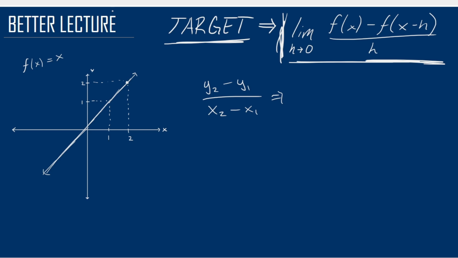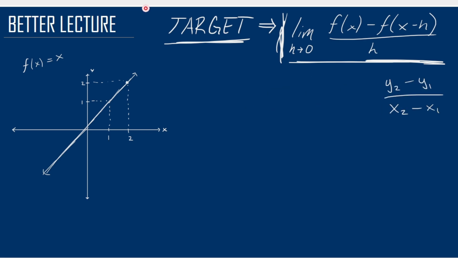So we're going to take y2, or y of the second point, which is 2, minus y of the first point, which is 1, and the same for the x's. You can see that this just comes out to 1, and we already knew this. We already knew that the slope was 1.